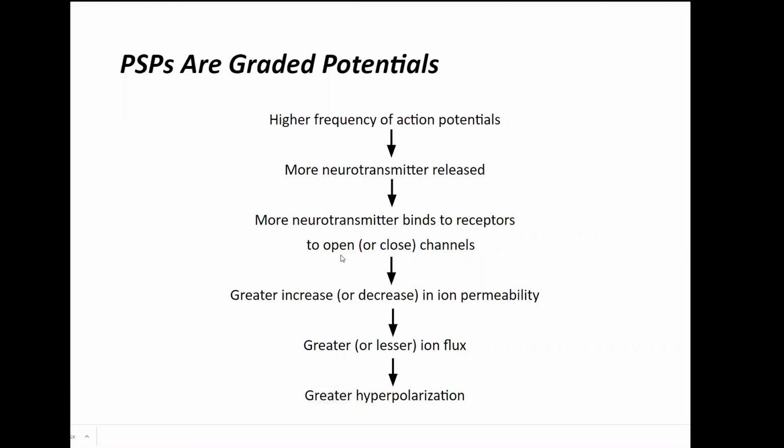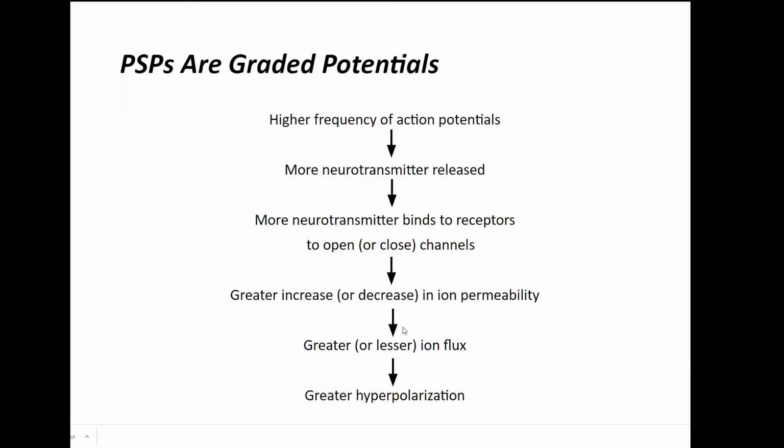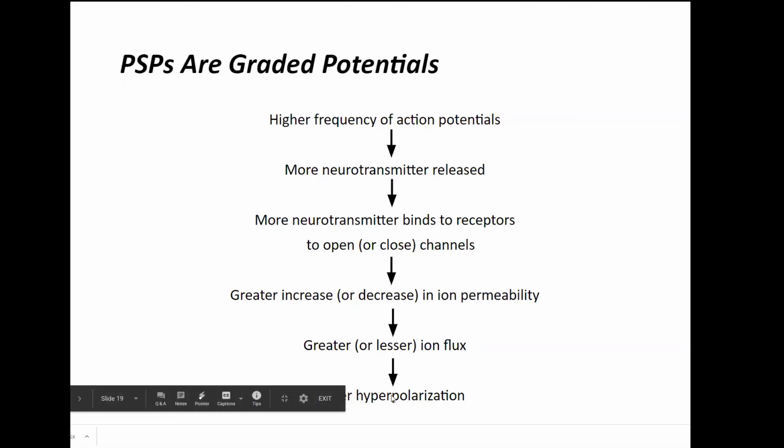And you'll see that this is open or close, increase or decrease, greater or lesser. So if we're tracking a specific ion, any of these effects could lead to greater hyperpolarization. Or if we were tracking another ion and took another path through this, we could lead to depolarization.